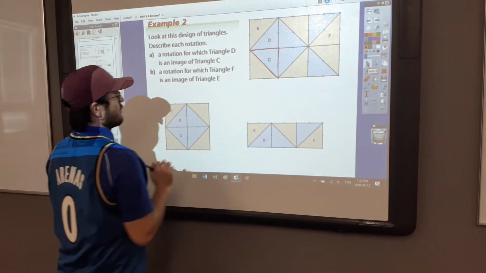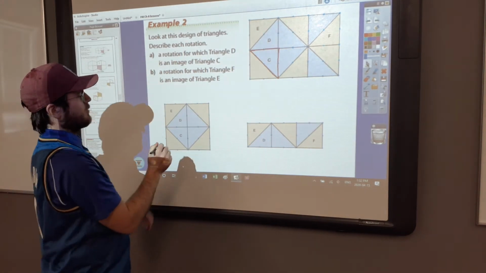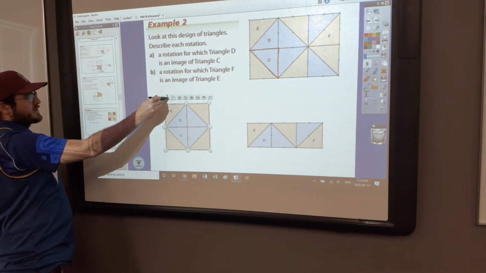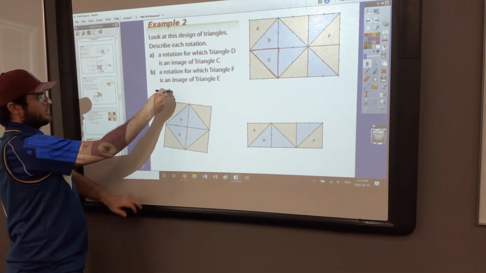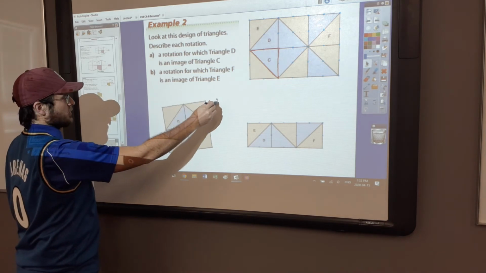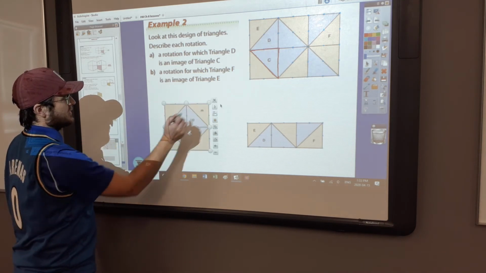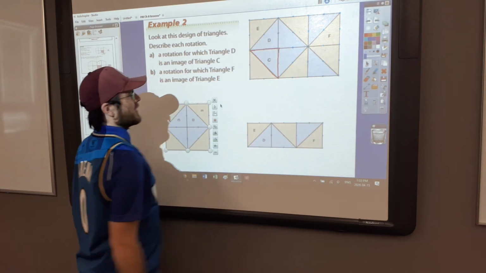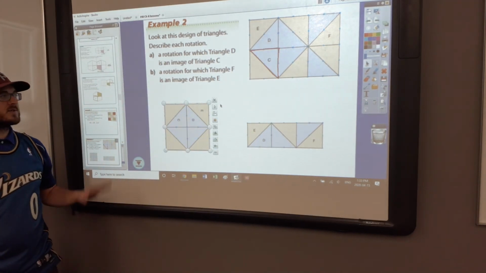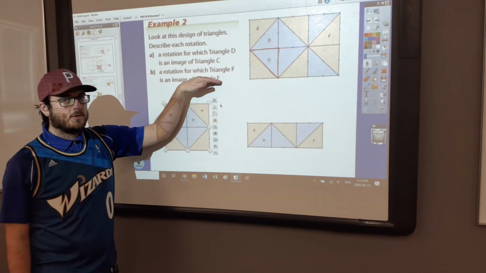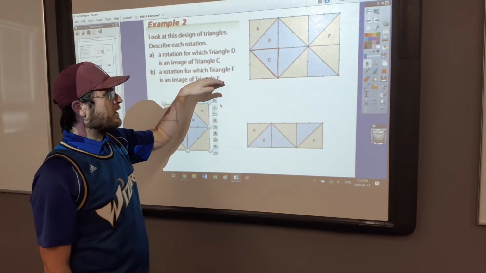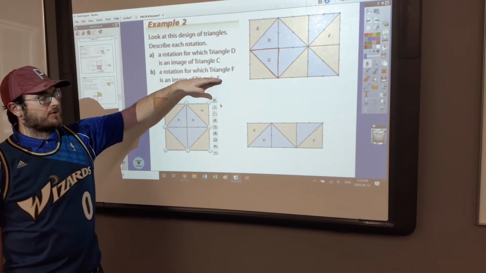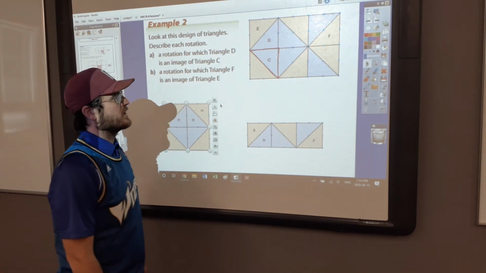Some of you will be able to visualize, yeah, that's a quarter turn. Otherwise, it might be helpful to look at it like this. If I take that C shape, notice what it does. If I take a quarter turn, so I've rotated that 90 degrees, now look at where my C shape is. It looks like it does over here. Okay, so it's 90 degrees, and we're going along with the clock. You maybe can still read a clock. That's not digital, but it's going along with the numbers on the clock, so it's 90 degrees clockwise.